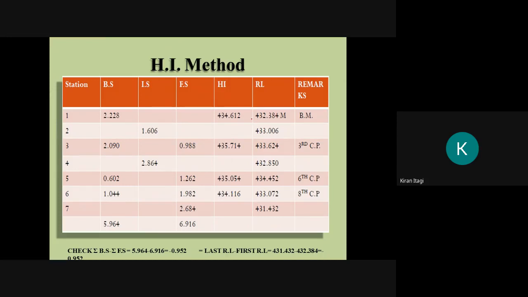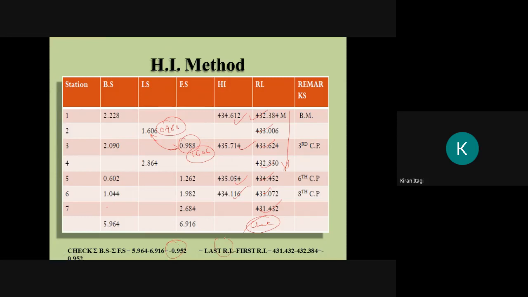These calculations are correct. But if, for example, you shift 0.988 here and 1.606 there, if you interchange these two readings while entering them in the field book, and you do the calculation, then you will still get the check correctly.